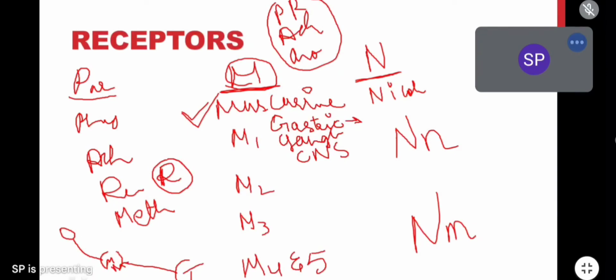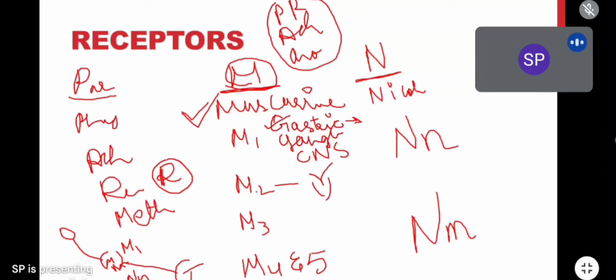When the M1 receptor is activated by acetylcholine, the postsynaptic or postganglionic fiber will be stimulated. यहाँ पे M1 के साथ N is also present. याद रखो, वो NN के बारे में बताऊंगा आपको. Remember one thing, mainly M1 is present in gastric gland. Clear everybody?